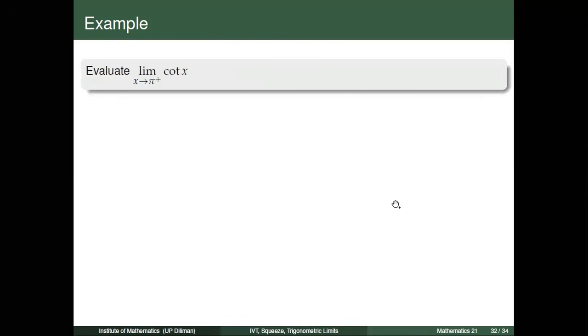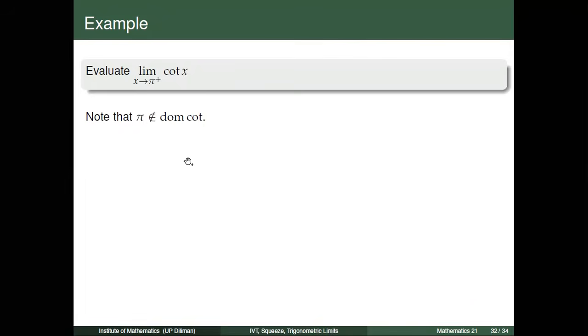Now, consider the limit of cotangent x as x approaches pi from the right. Substituting, we have cosine pi over sine pi, but sine pi is 0, so pi is not in the domain of the cotangent function.